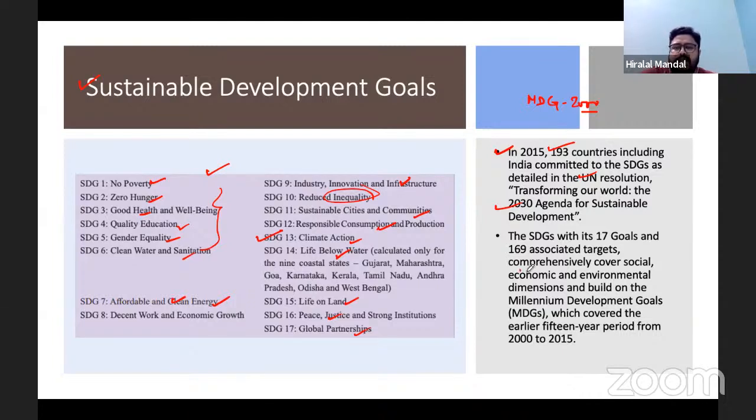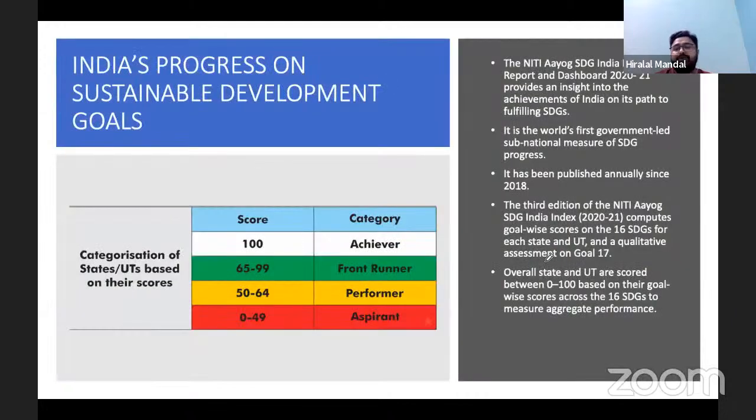Under this, there are 17 goals that you can see on the screen, but then there are some sub-goals within these 17 goals. A total of 169 sub-goals are defined, which are supposed to be achieved by the year 2030. So in a way, it provides guidance to the government to carry out sustainable development goals.